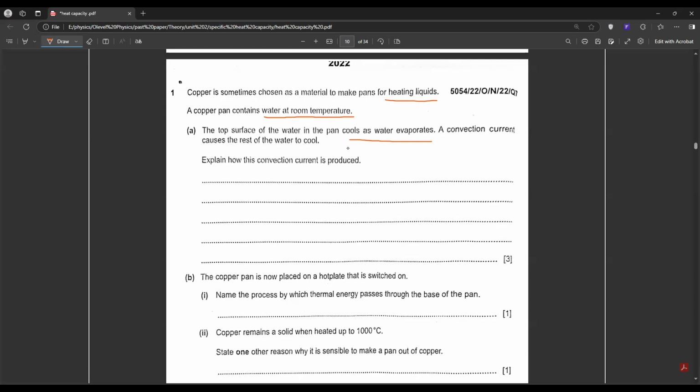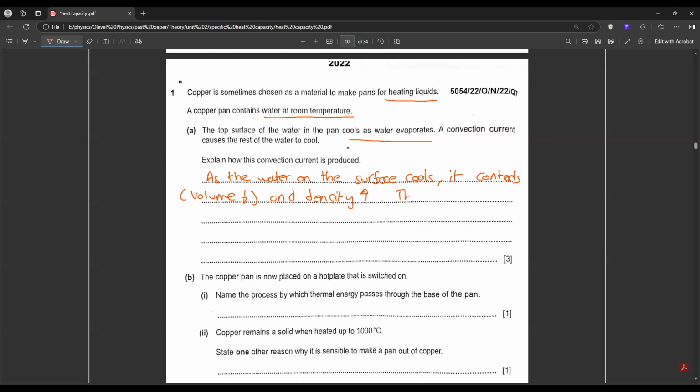So, as the water on the surface cools, it contracts, or its volume decreases and density increases.